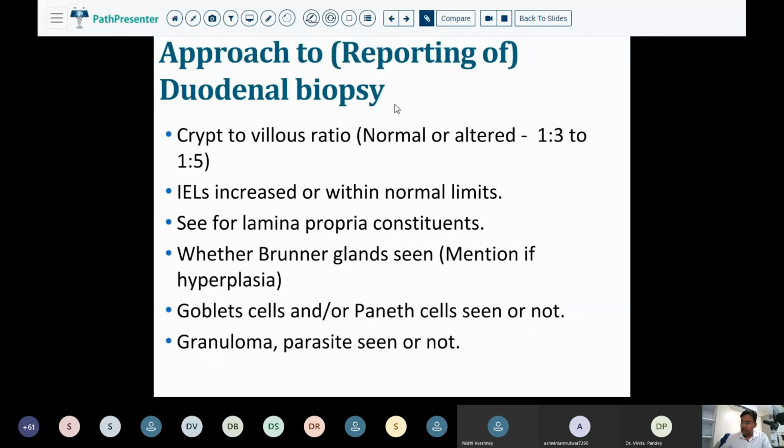The presence or absence of inflammatory cells gives a hint of the pathology. If plasma cells are absent, there is a high possibility that we are dealing with CVID, common variable immune deficiency syndrome. If there is a problem with vessels like dilated lacteals or lymphatics, it can be lymphangiectasia. Or if there is increased collagen below the basement membrane of the surface epithelium, it can be a case of collagenous sprue.